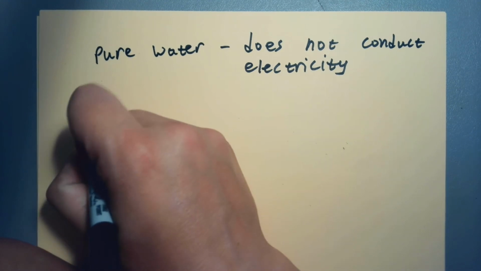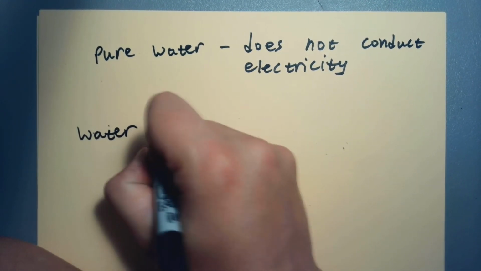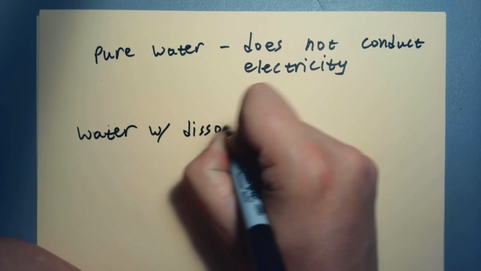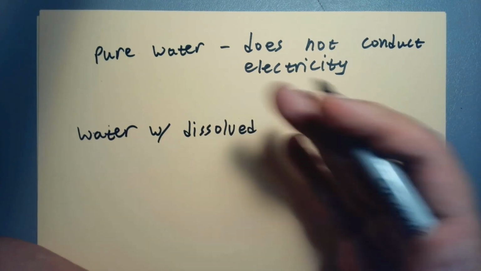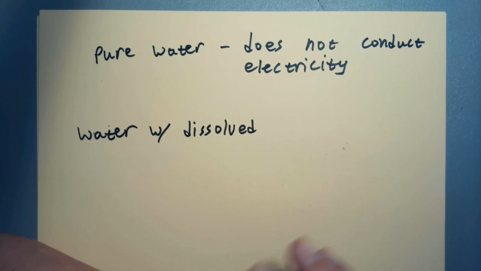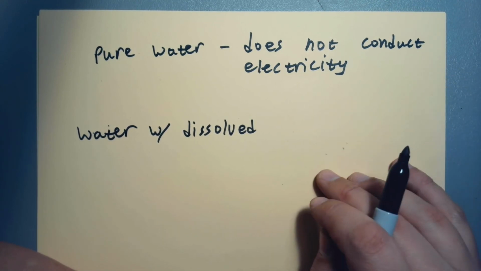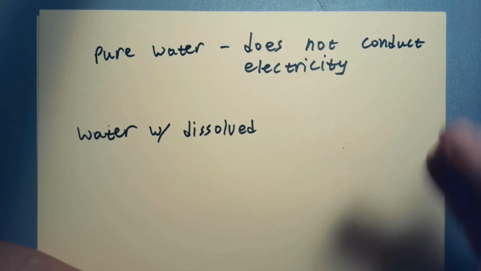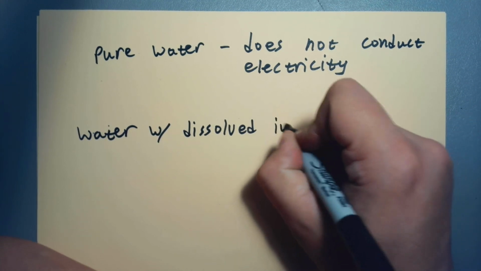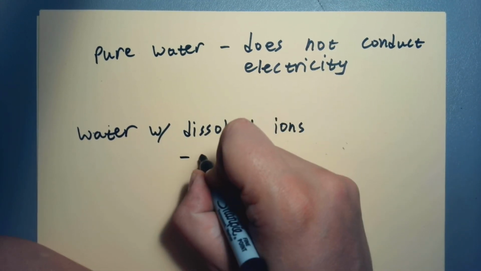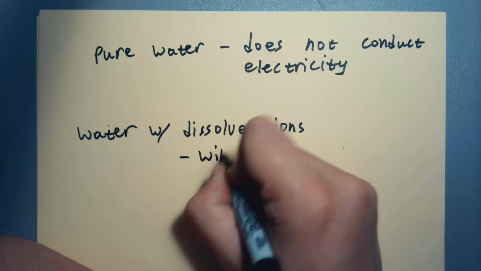So if you have water with dissolved ions, which basically all water is, unless you get something like distilled water or nanopure water or deionized water, but like any river, any lake, any groundwater, the ocean, it's all going to have dissolved ions in it. Even rainwater is going to have some ions in it. You have to really work to get the ions out of the water. So this will conduct electricity.